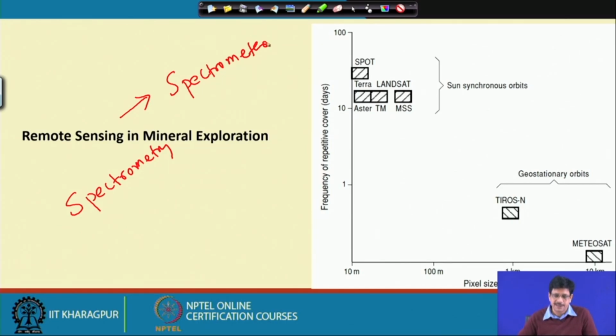It is a specialized topic of digital image processing of remote sensing, which could be taught separately, but here we will only be concerned about the application to remote sensing.